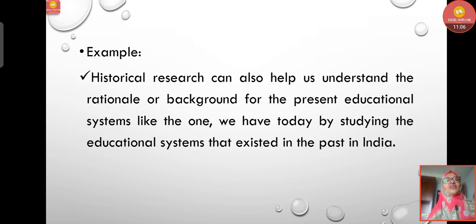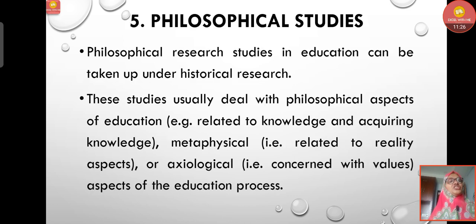Let's see the example here. Historical research can also help us understand the rationale or background for the present educational system we have today by studying the educational systems that existed in the past in India. So this is a best example of historical plus educational research.